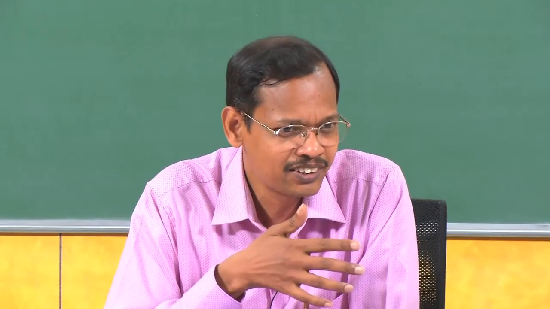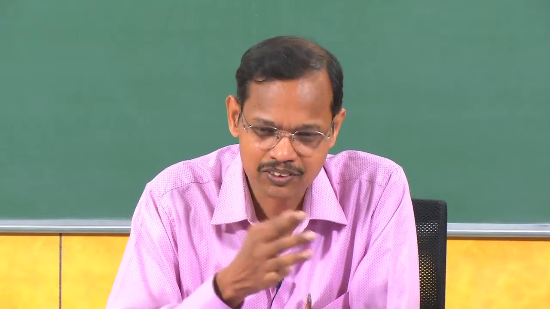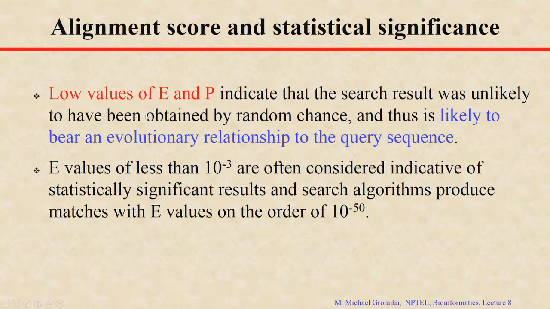Essentially, what do you expect, should the number be high or low? It should be low, because you should not get it randomly. So, these e values and p values should be low, which indicates that your search results are unlikely to be obtained by random search. In this case you can say that your alignment is likely to have an evolutionary relationship with the query sequence.